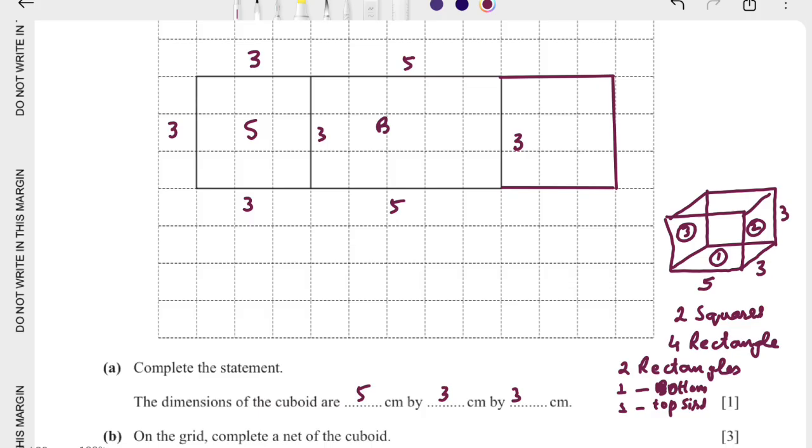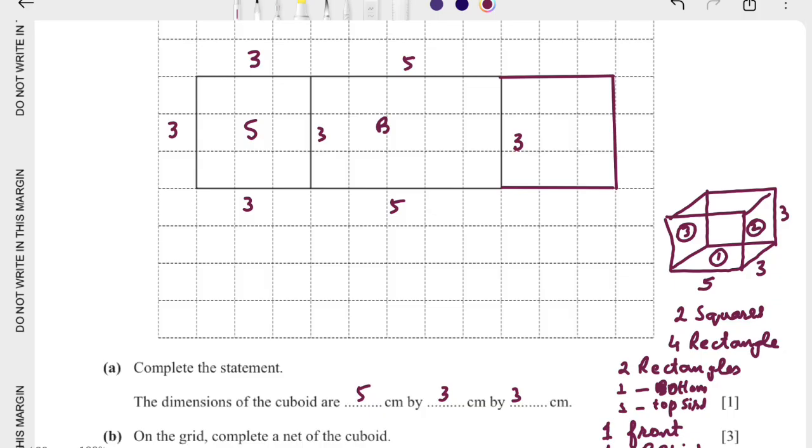And there are two more rectangles. One is the front one and the other one is behind it, the back one. So let us see these.